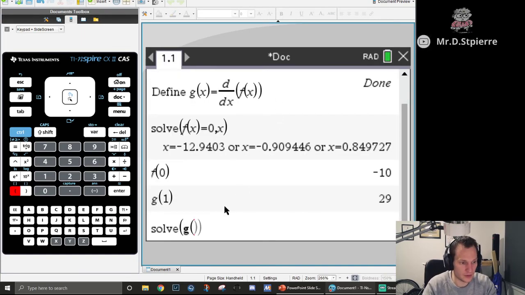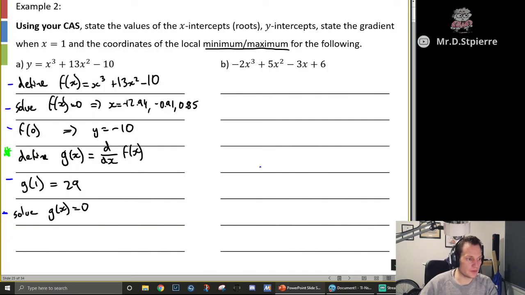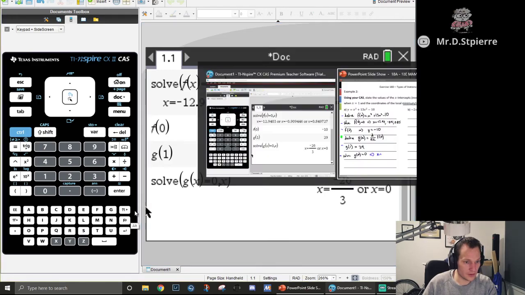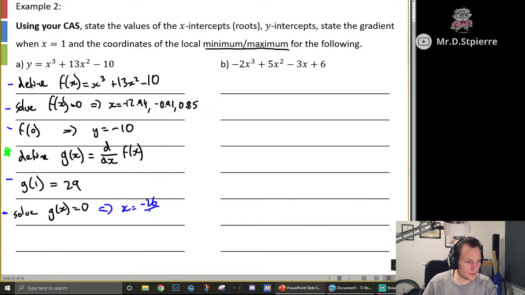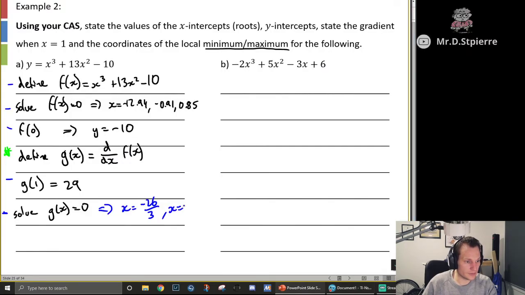We're going to solve g of x equal to 0, and we want to find the x. So we get x equals negative 26 on 3, or x equals 0.